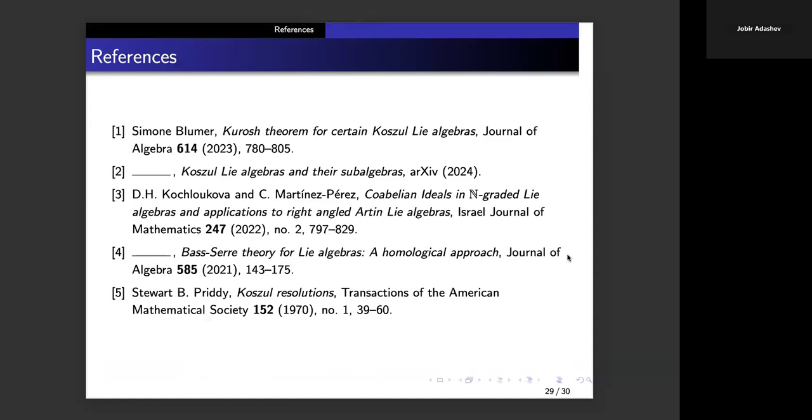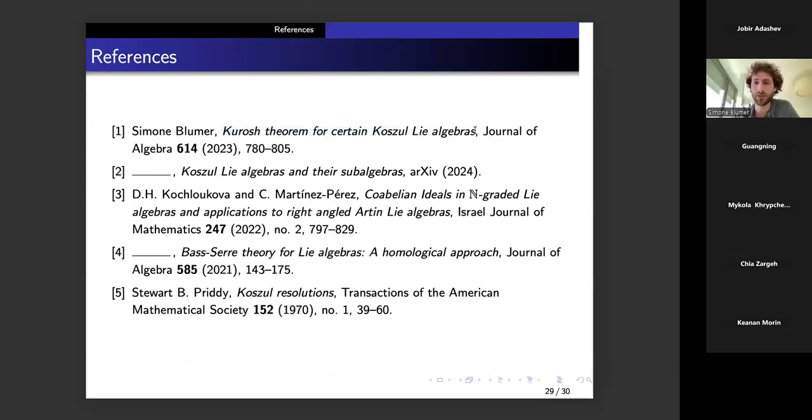And here is a set of references I used. In the first paper here, I introduced the notion of a blockato Lie algebra, while in the second paper here, which is still unpublished, I studied more the Koszul property for Lie algebras.